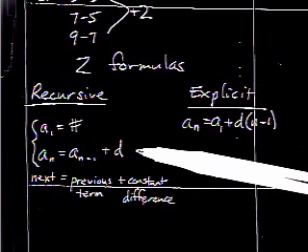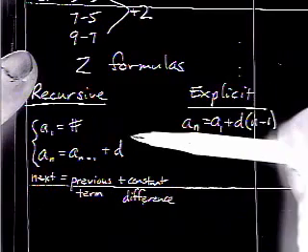If you can find an explicit pattern or explicit formula, you will always use that one. So I might ask you to write a recursive formula, but I'm not going to ask you to do anything with it. The explicit one is the one we will use all the time.